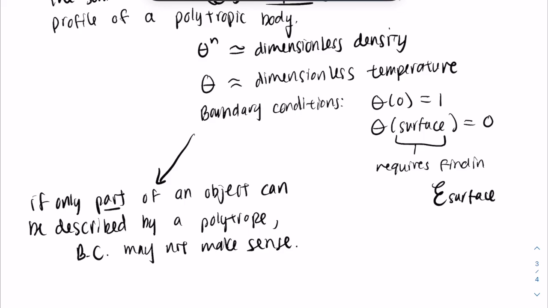Once you have chosen n, you only need to solve the Lane-Emden equation once, and then you can get an entire family of models, and then if you change k and your central density, those models will apply to a variety of systems. So every object that has the same n is going to have the same density profile, and you just have to change the scaling to get it to apply to other scenarios.